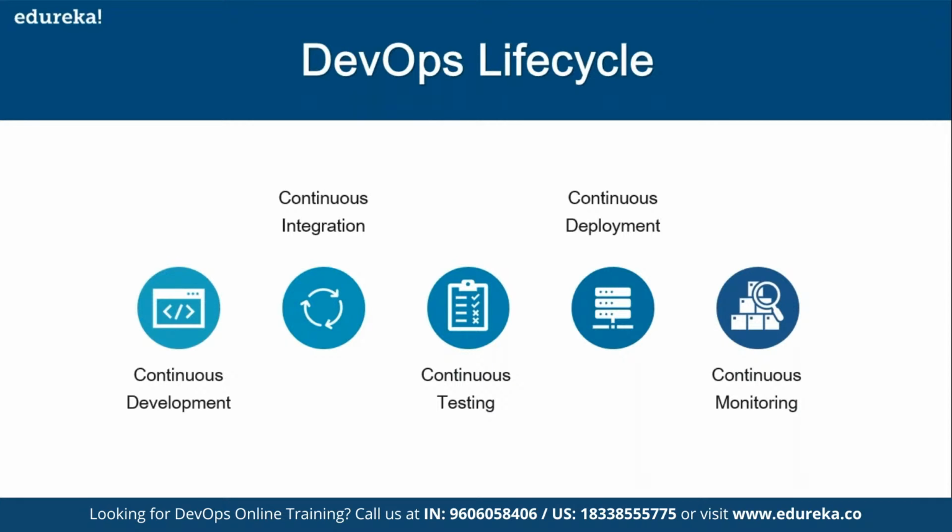All of these phases are an integral part of the DevOps life cycle. The entire life cycle is broken down into these phases, and these bits and pieces are what we call a DevOps life cycle.